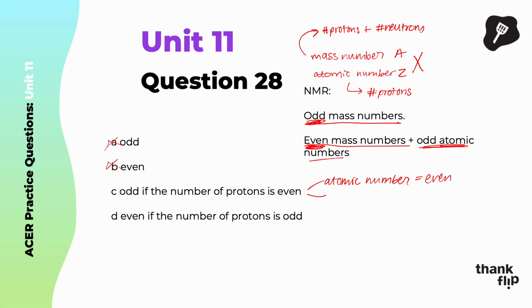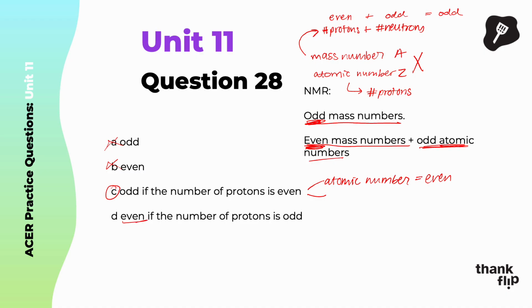And so if your atomic number is even, the only way that this particular atom can exhibit NMR is if the mass number is odd. And how are you going to get a mass number that's odd if your number of protons is even? You need an odd number of neutrons because even plus odd is odd, right? So the number of neutrons must be odd if the number of protons is even. That makes sense.